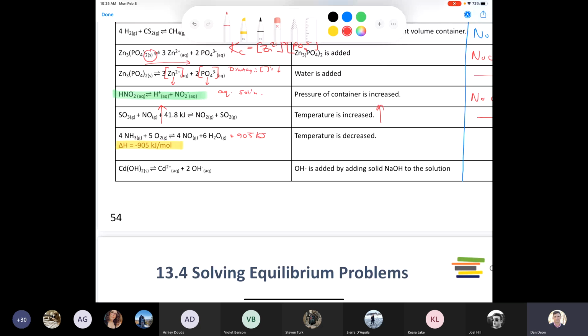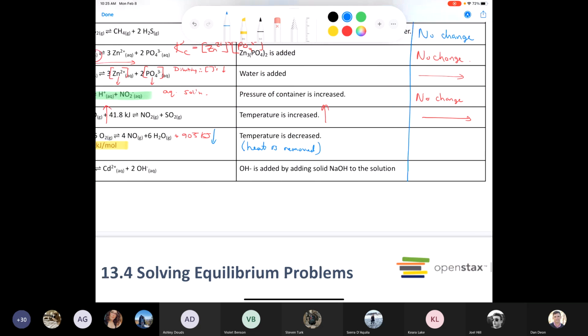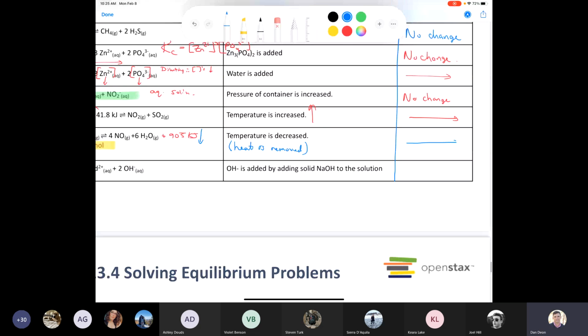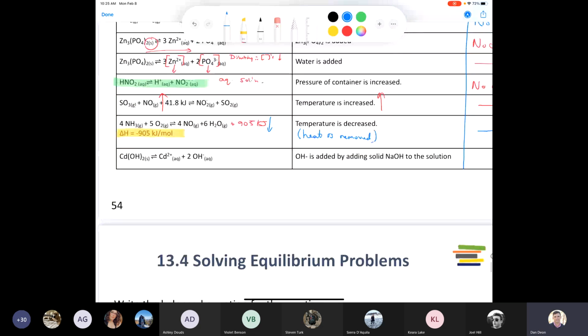So what's going to happen if we decrease the temperature? If we remove this, which way will the equilibrium shift to make that up? It's going to shift towards the products, towards the right to make that up.